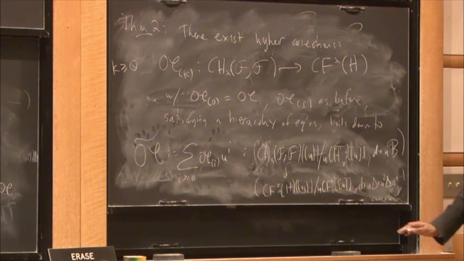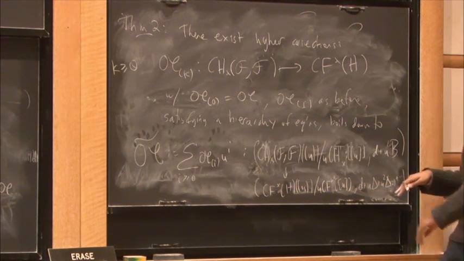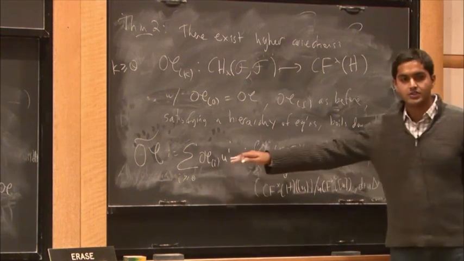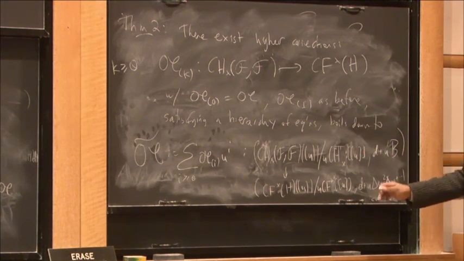Remember, the second has some interesting infinite series differentials. So the fact that this is a chain map translates into interesting equations for each coefficient i.